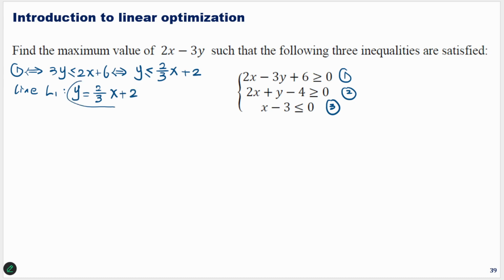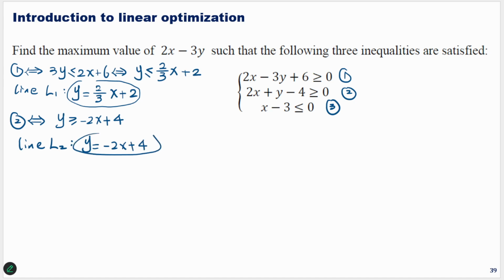And we'll draw this line on our 2D Cartesian plane. And then let's consider the second inequality, which gives us y is greater than or equal to negative 2x plus 4. Then we consider the corresponding boundary line L2, which is y equals negative 2x plus 4.